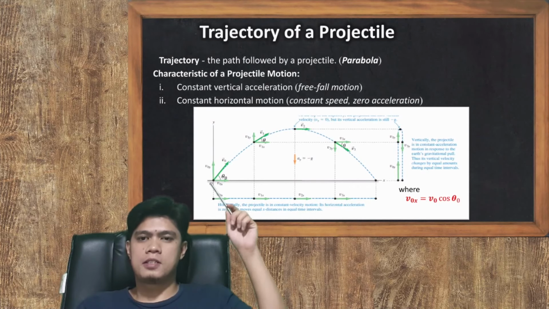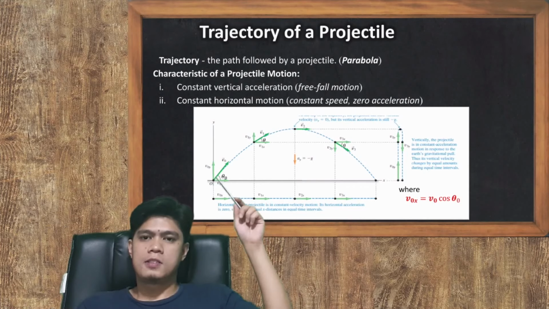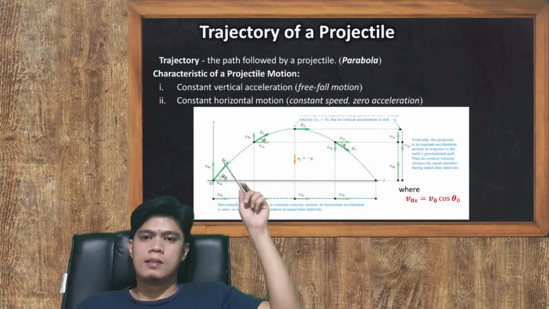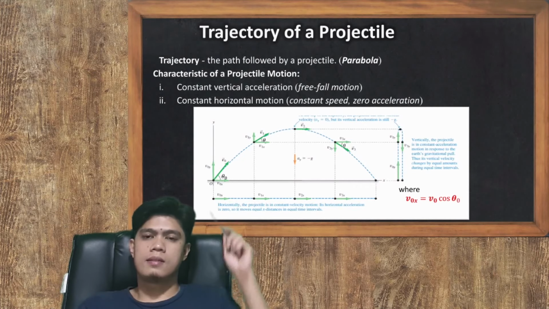Looking at our trajectory, from the start we have an initial velocity, and this initial velocity has components v naught x and v naught y, where v naught x is equal to v naught cosine theta, and v naught y is equal to v naught sine theta.